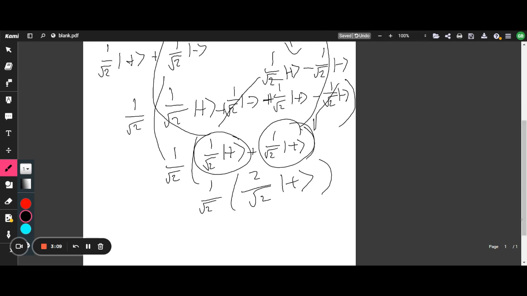Doing this multiplication, we get 2 over the square root of 2 times 2, which simplifies to 2 over 2, spin up in the z direction, which just gives us the spin up ket vector in the z direction. This shows that the only particles that are the outputs of the final analyzer are spin up in the z direction, as we've seen in the experiment.